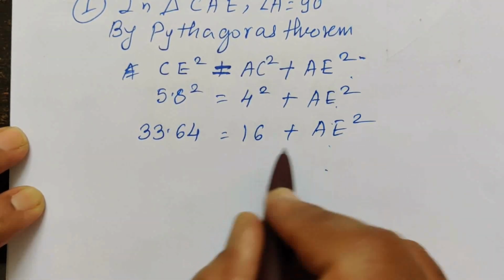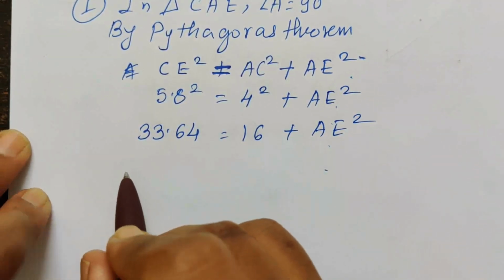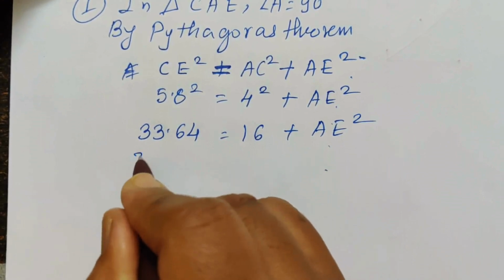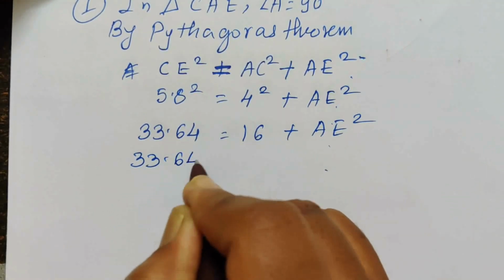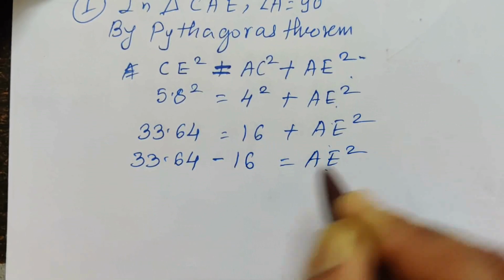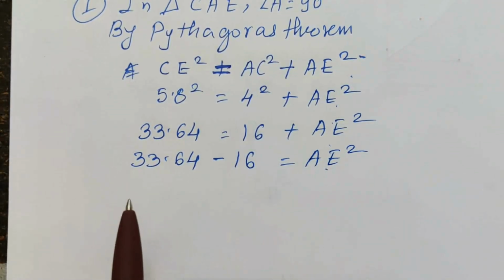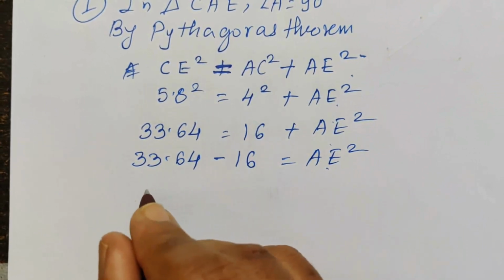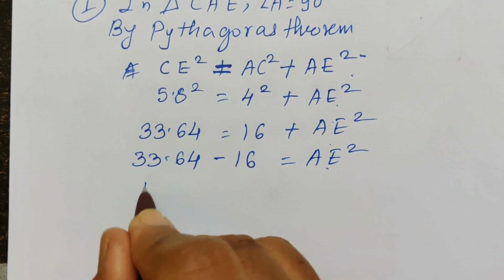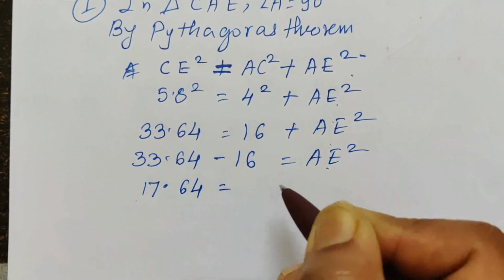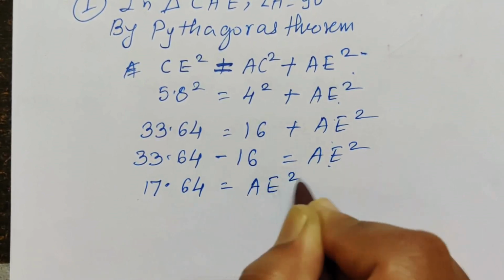Now we want AE square, that means 16 will go to the opposite side and subtract. So 33.64 minus 16 is equal to AE square. You should know how to do the subtraction of decimal fractions. If you do the subtraction, you will get 17.64 equal to AE square.